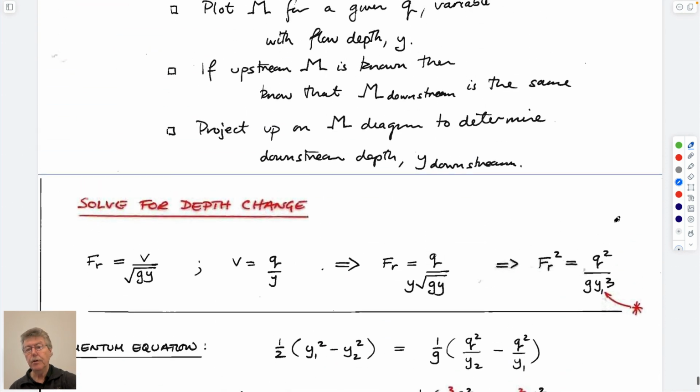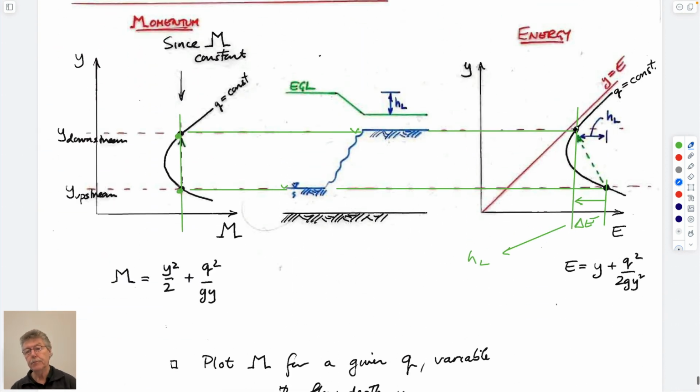Because as you see here, both of these points are on either side of the nose, which is Fr equals 0. So this is larger below and smaller above.